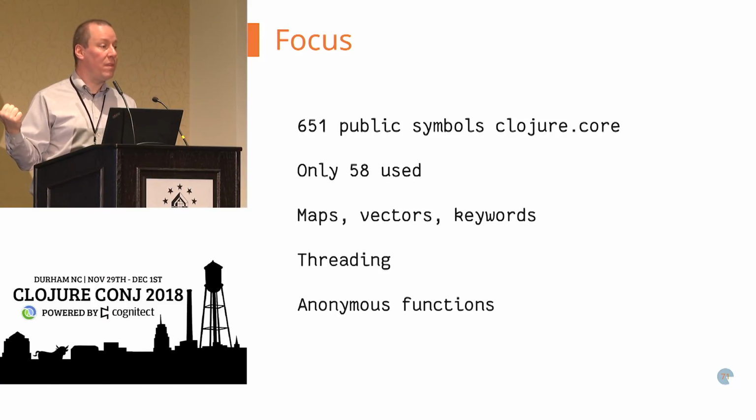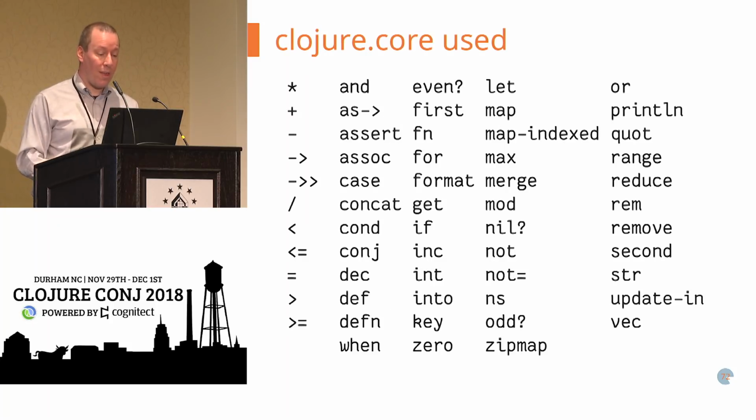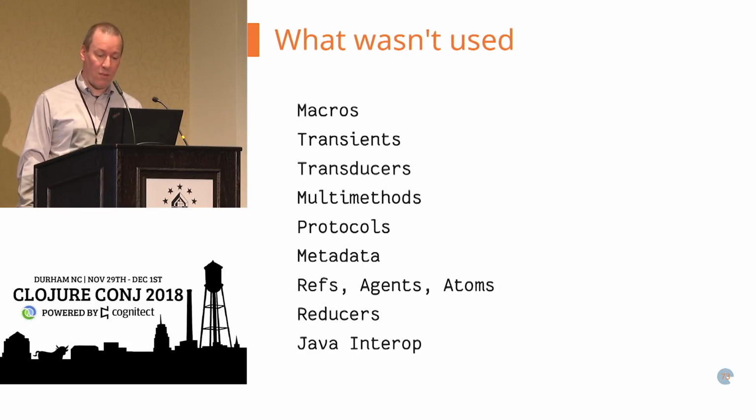The concepts within the language were really vectors and maps and keywords. There's some threading in there. There are lets and defns, and some anonymous functions as well. This is actually the complete library of everything that managed to get used. But what's really most interesting is what wasn't being used.